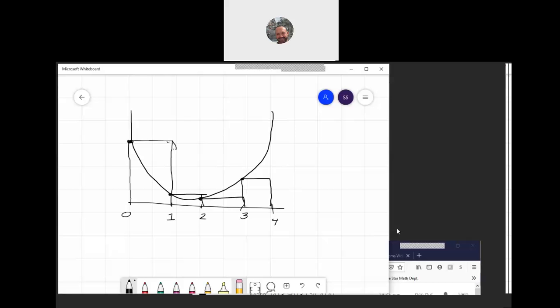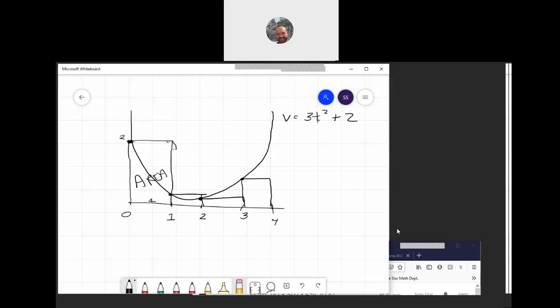All right, so I have 4 different rectangles, and you know how to calculate length times width, right? Is area. So this area right here is 1 unit wide, right? By however high this is, if I would say this is my function, we had 3t squared plus 2. If I let t equals 0, the height right here is 2. If I let t equals 1, the height right here is 5.